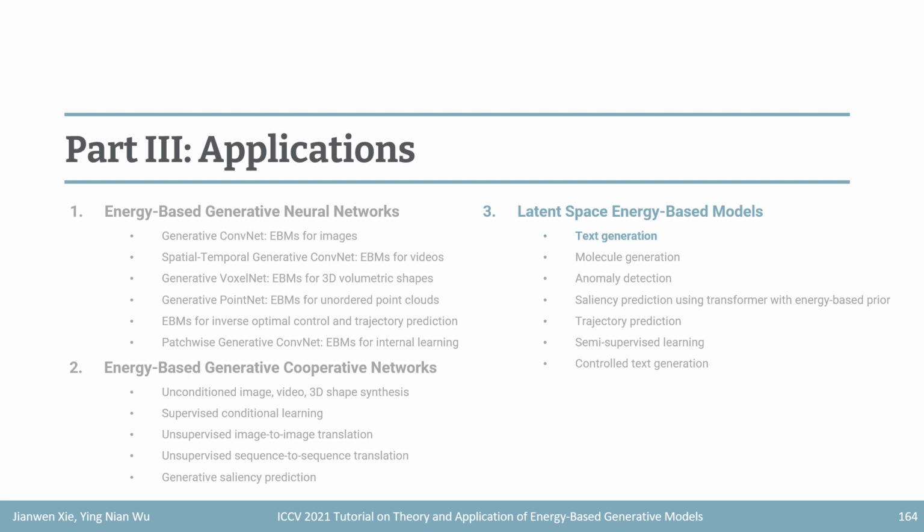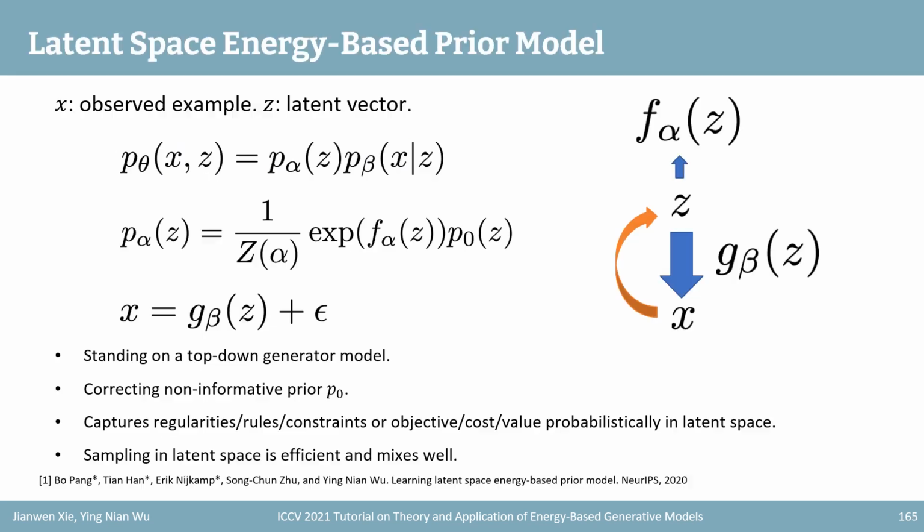Now, we will talk about applications of latent space energy-based models. We will first briefly go over the model. The latent EBM is a top-down generator with an energy-based model as a prior. The energy-based model is standing on a top-down generator model.